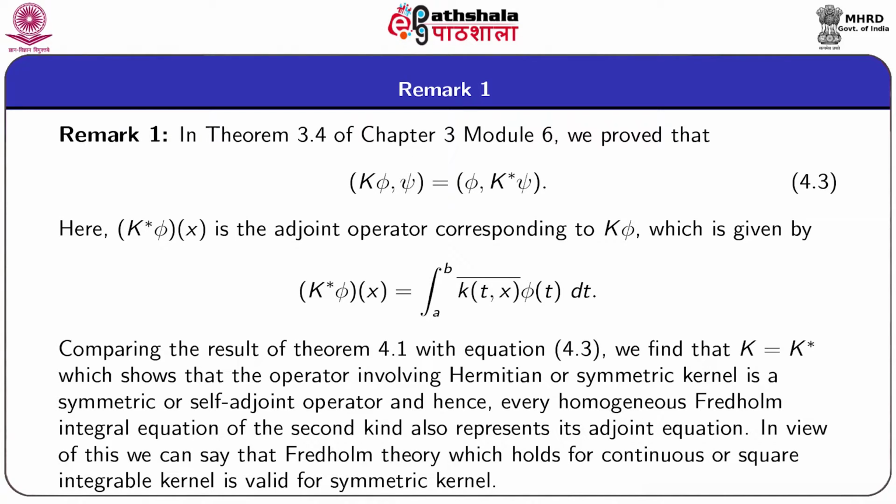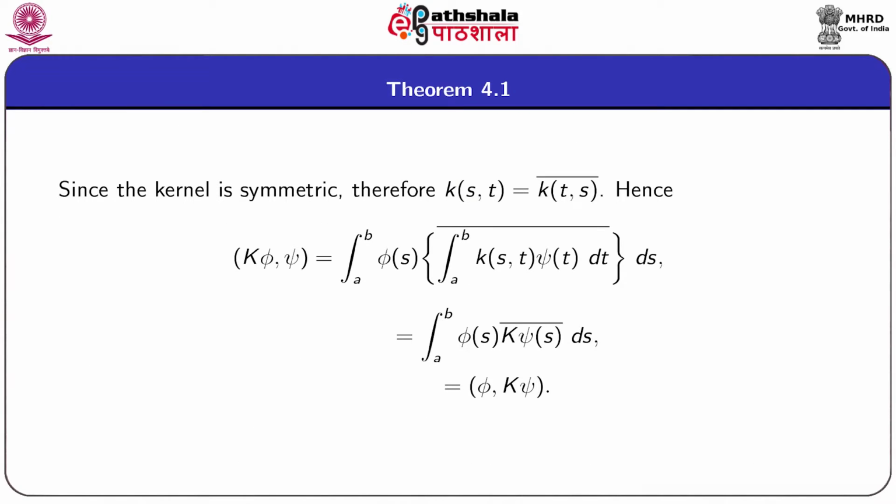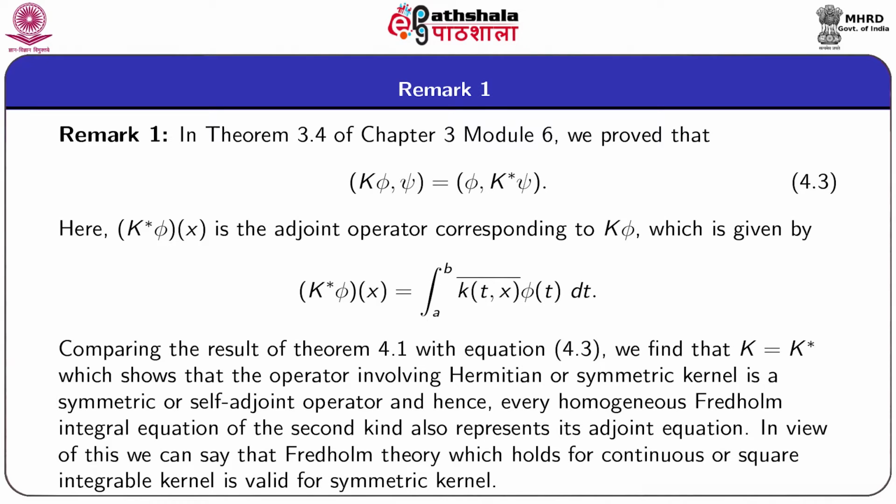Now, if we compare the result of theorem 4.1, that is the inner product of K phi and psi is equal to the inner product of phi and K psi, with equation 4.3, then we can see that the integral operator K is equal to its adjoint operator capital K star.